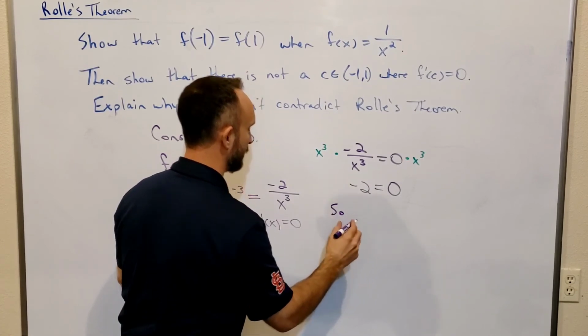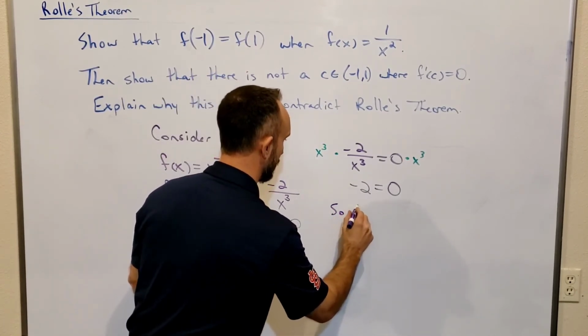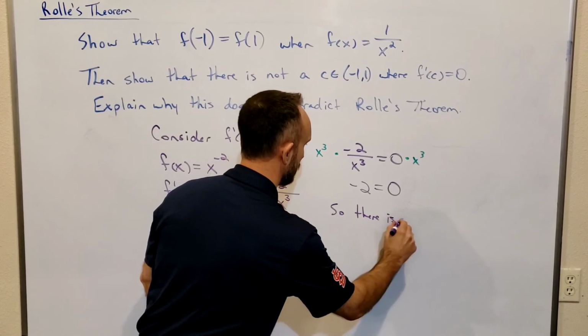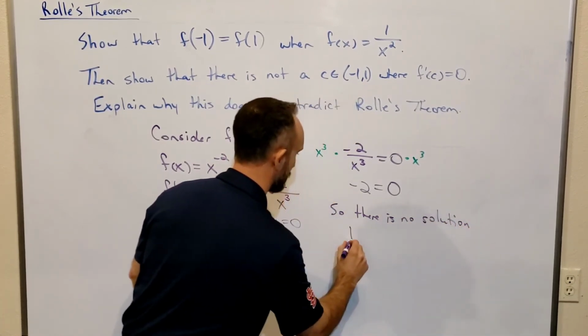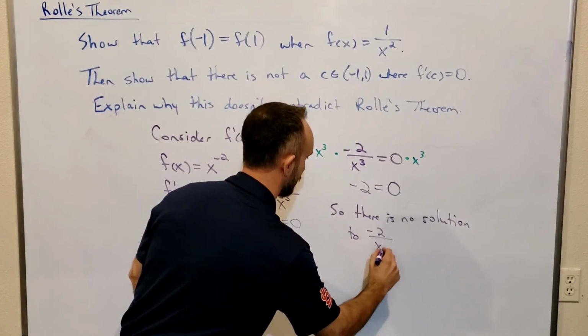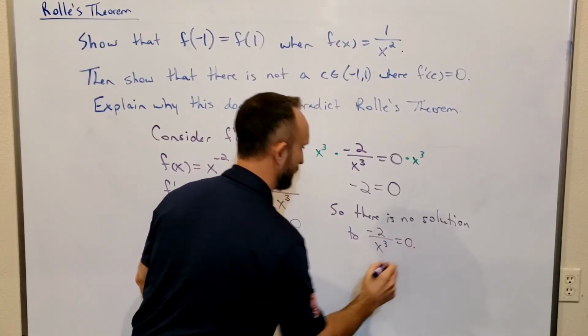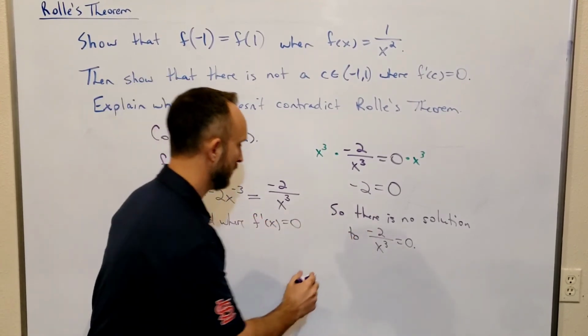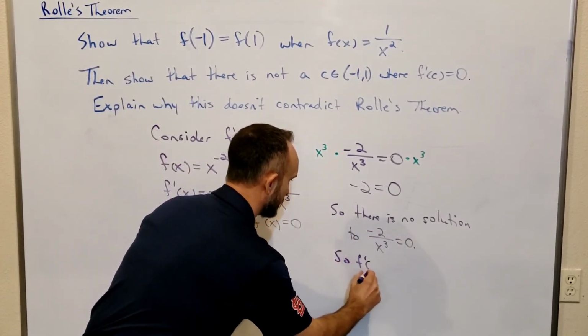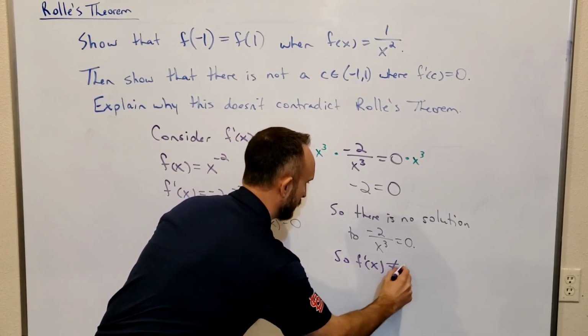So there is no solution to the equation negative 2 over x cubed equals 0. That's the same thing as f prime of x. So f prime of x does not equal 0, ever.